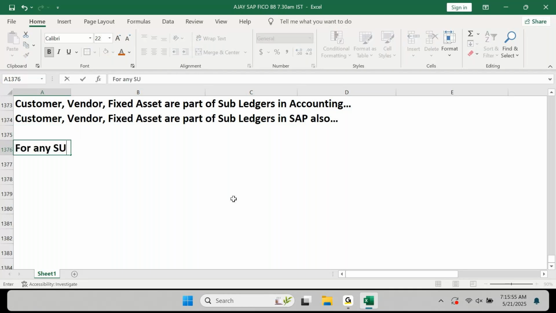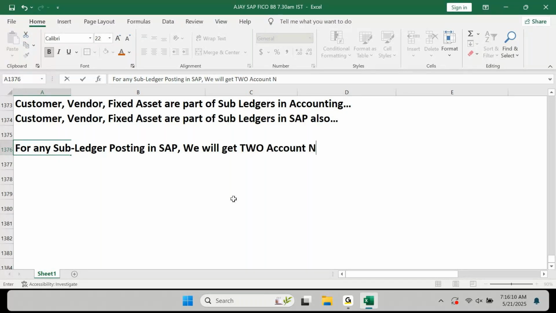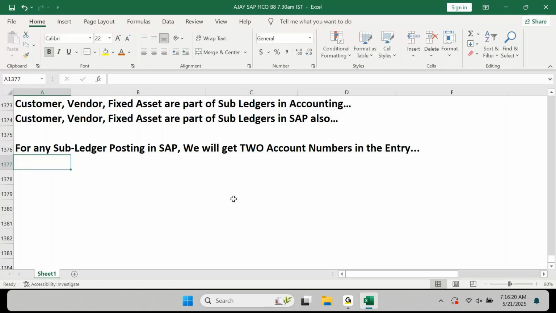For any subledger posting in SAP, we will get two account numbers in the entry. How many account numbers? Two account numbers.